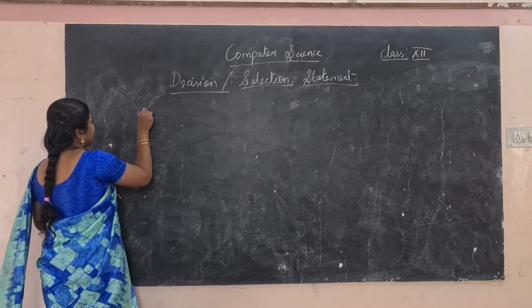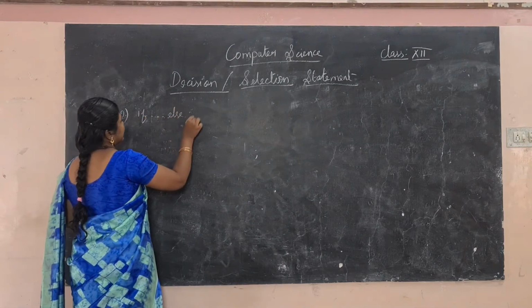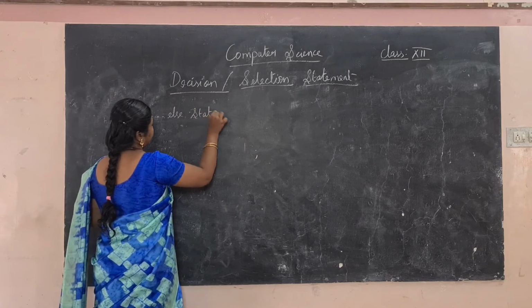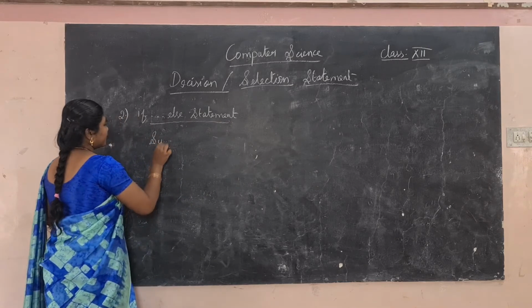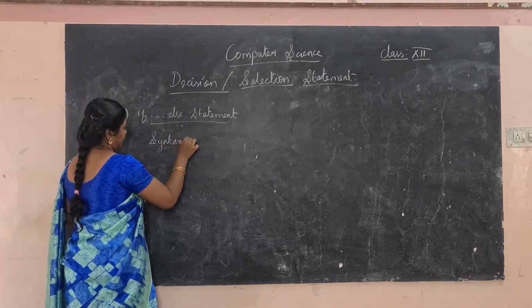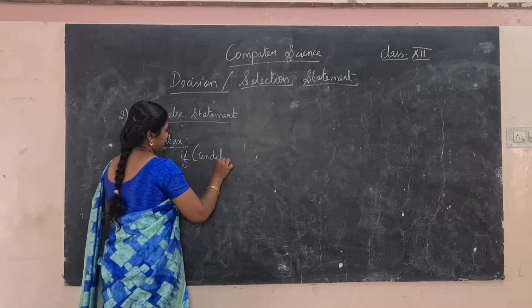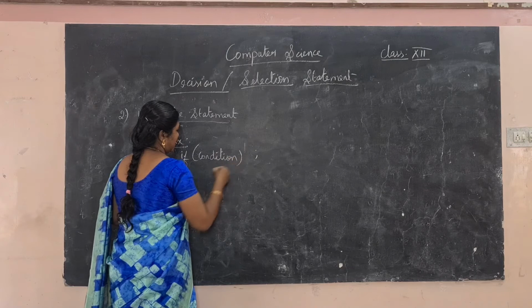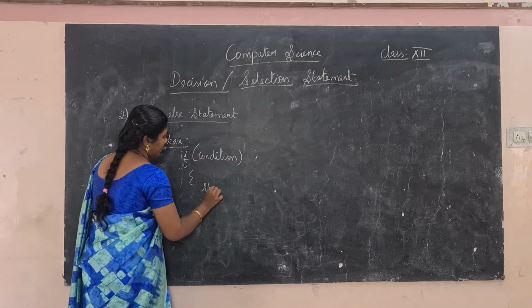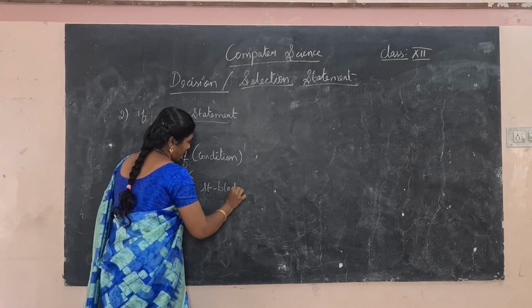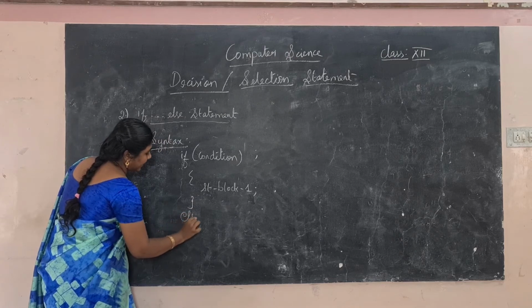So now let us see the syntax for the if else statement. If condition, then the true block, that is statement block 1, and we are having the keyword else.